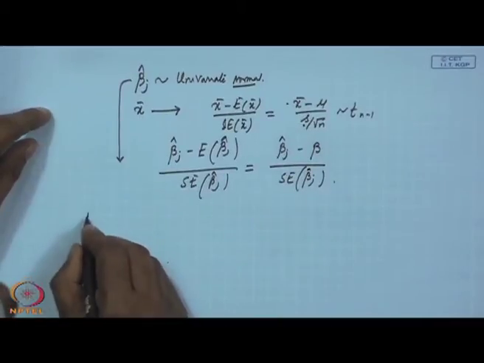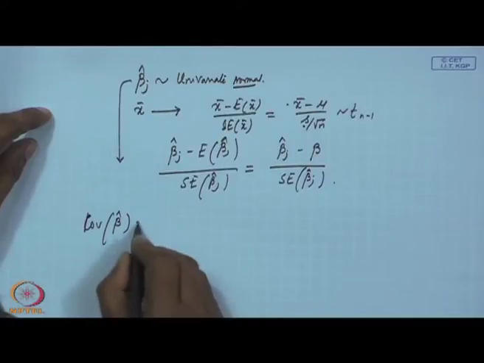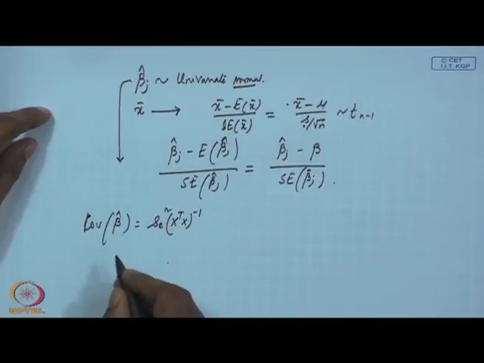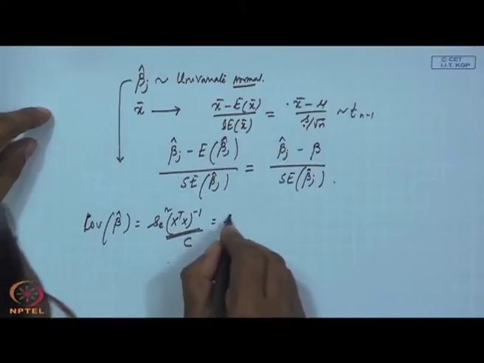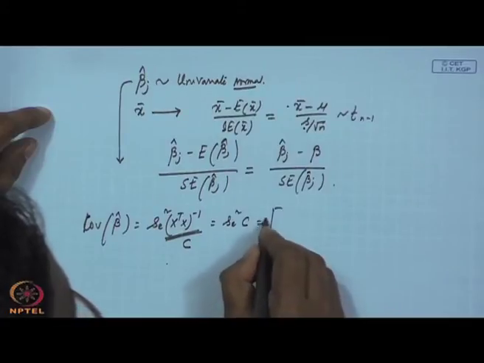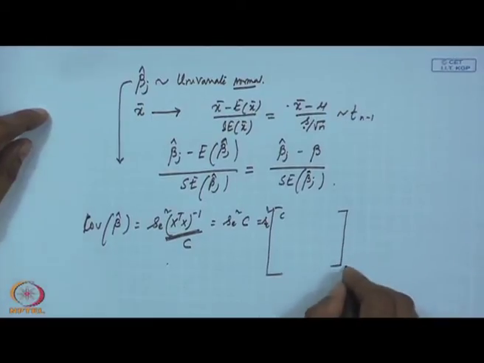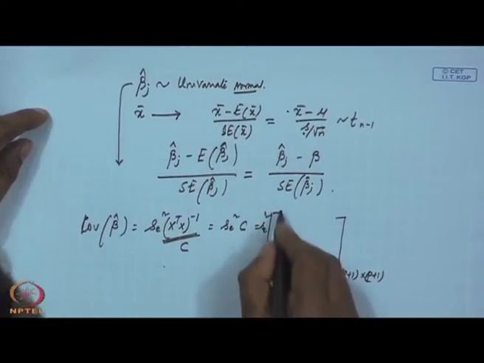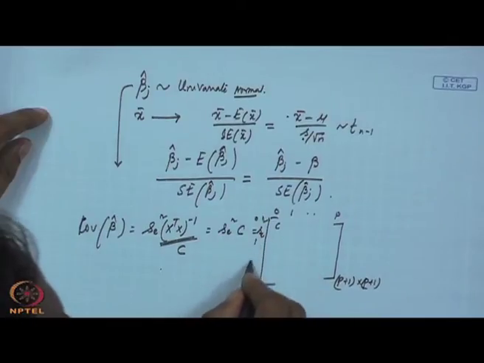See, you know that covariance structure of beta cap is already given to you. This one is nothing but sigma square X transpose X inverse. So, if I write X transpose X inverse as C, then this is sigma square into C. The size is p plus 1 cross p plus 1. First one is 0, then 1 like this up to p, here also 0, 1, up to p.